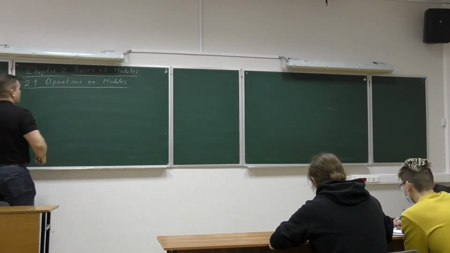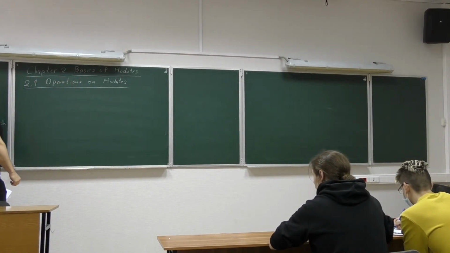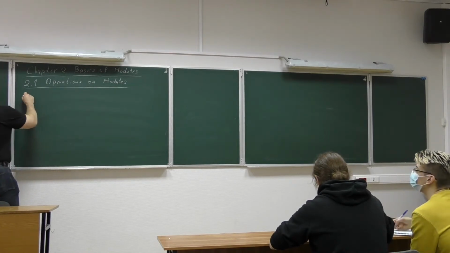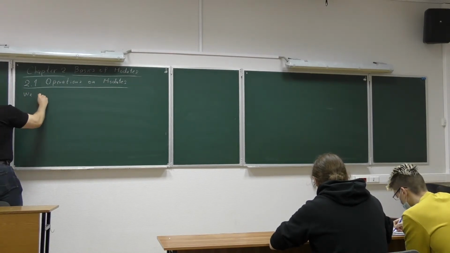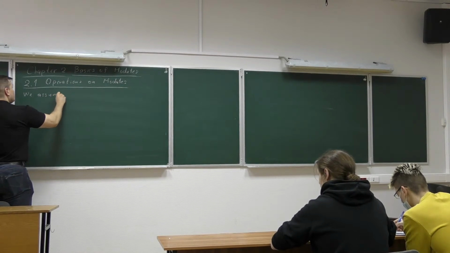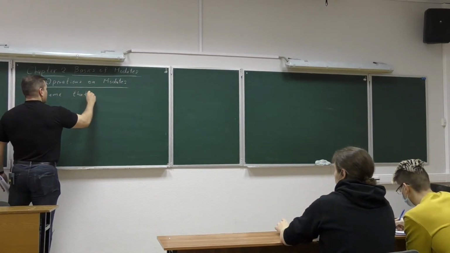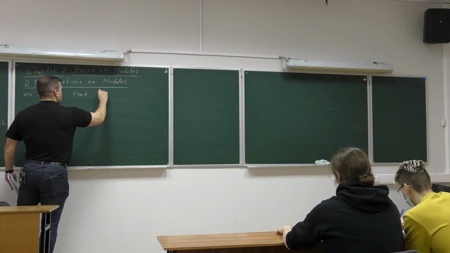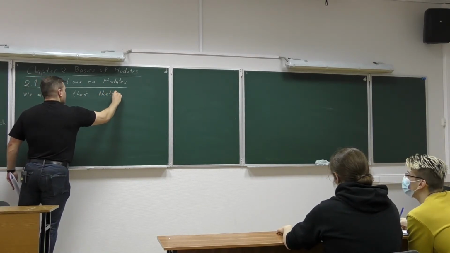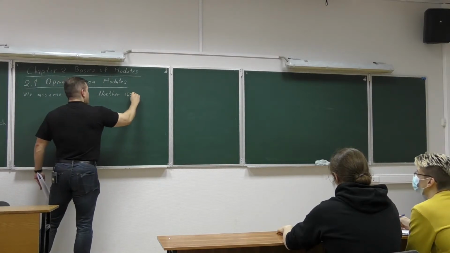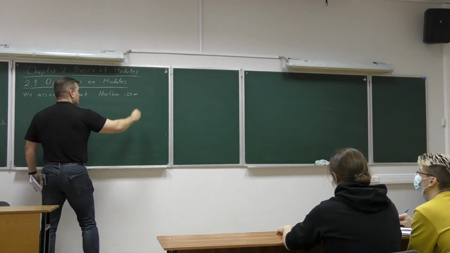So first of course, I assume that you already know what the module over a commutative ring or any ring is. So we assume that you also know the isomorphism theorems.